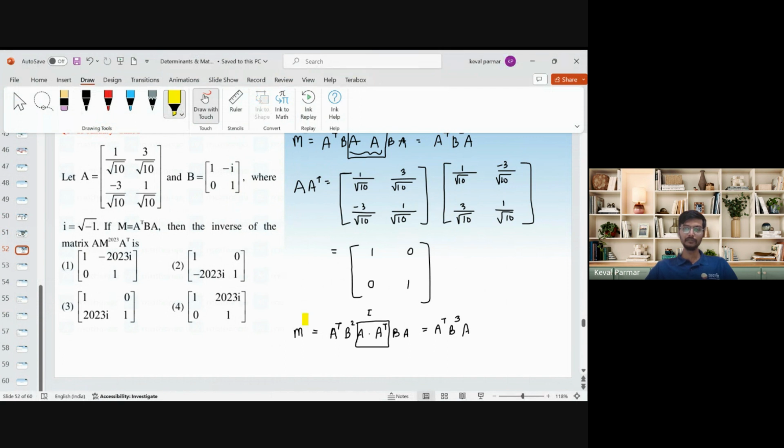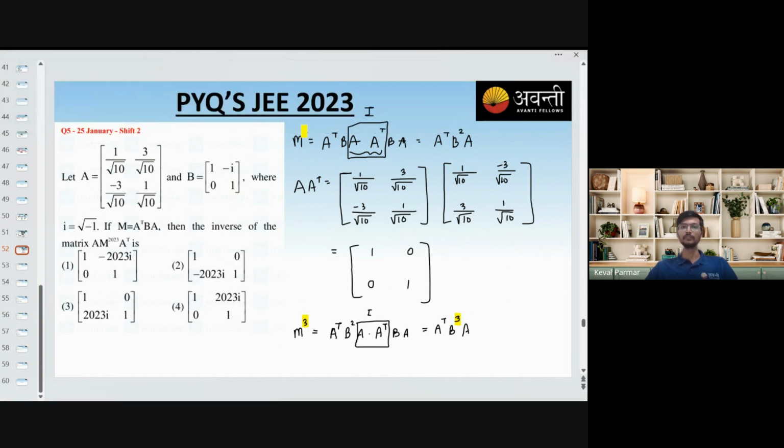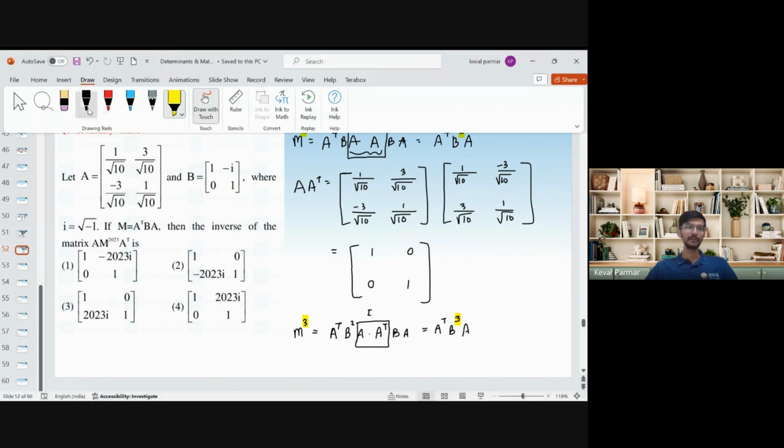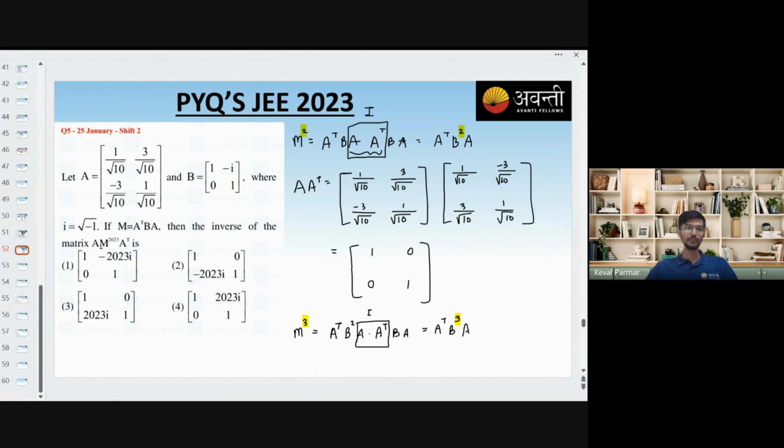Here it is 3, so we have B cube. Here it is 2, so we have B square. So we want M to the power 2023. So M to the power 2023 will be equal to A transpose B to the power 2023 into A. Now we need the value of B to the power 2023.